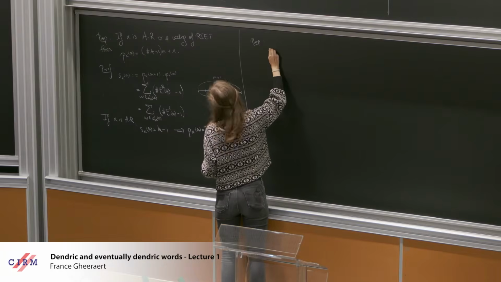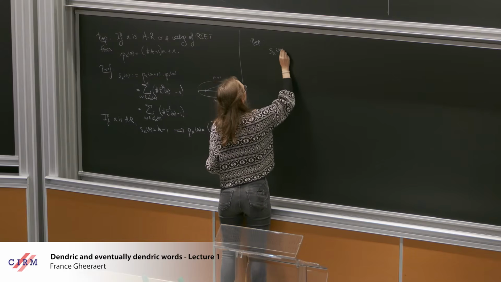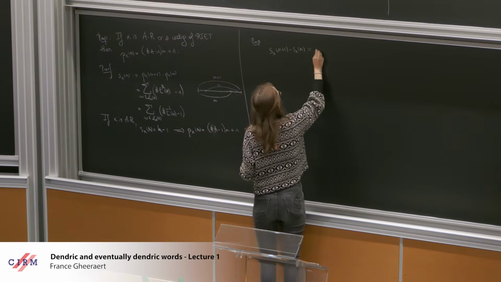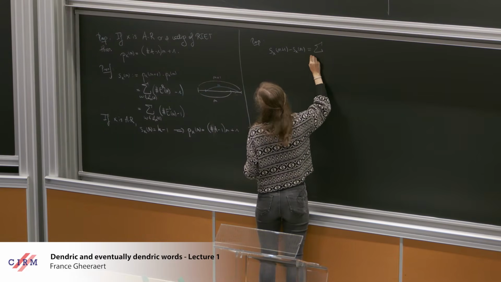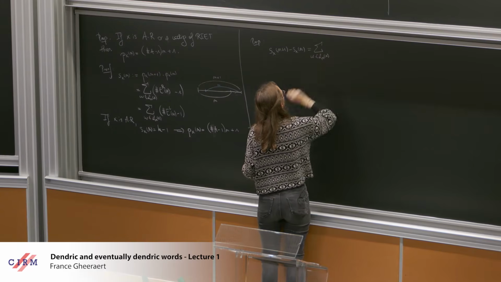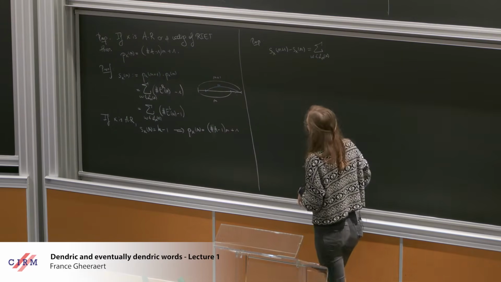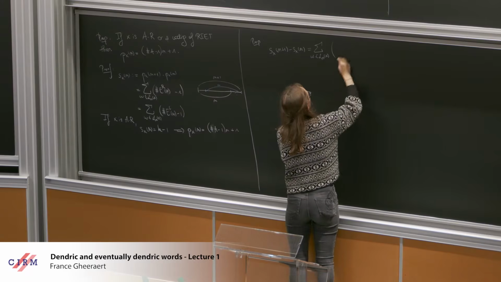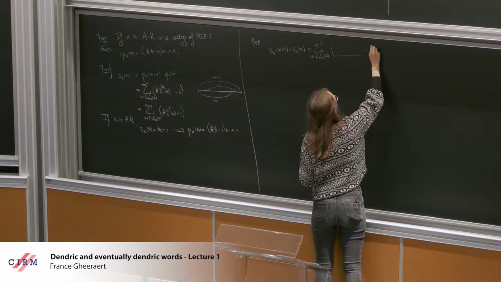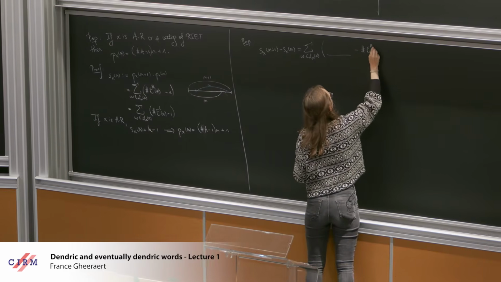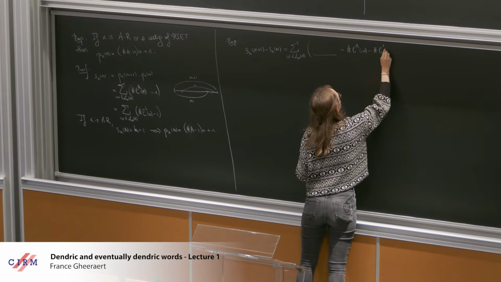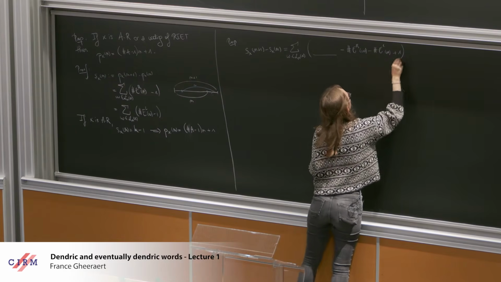If you look at the second difference, what you obtain is a kind of similar formula. So you take the sum over the words of length n, but this time you have to sum something different. Something which I haven't defined yet, I will define it soon, minus the number of right extensions, minus the number of left extensions, plus 1.